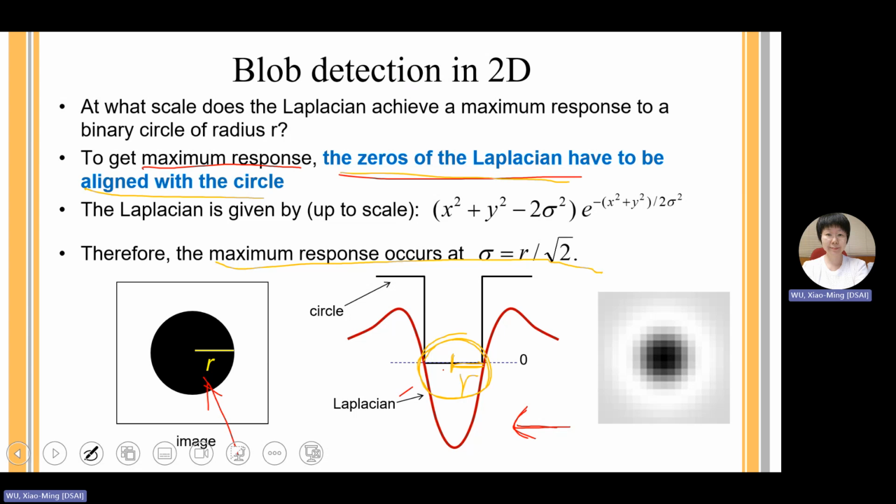When the zeros of the Laplacian align with the circle, then you will achieve maximum response.